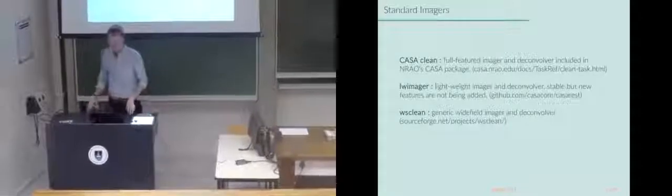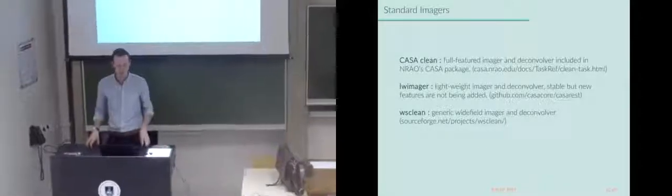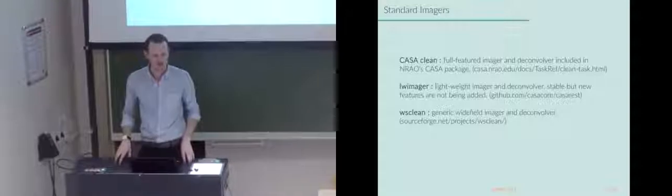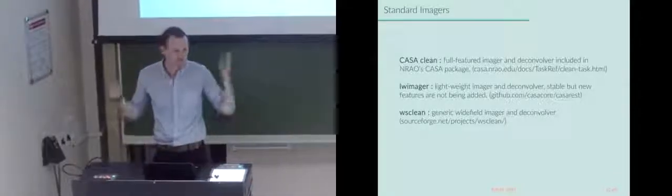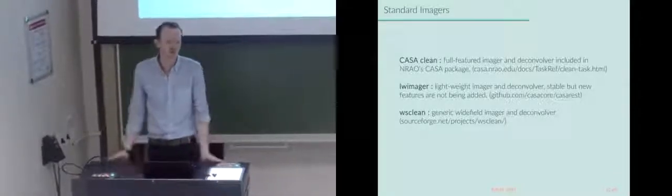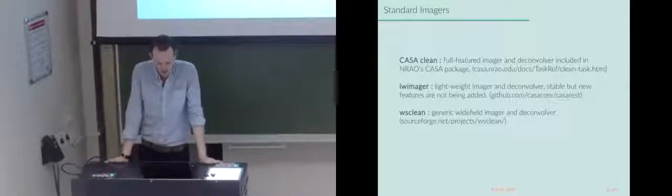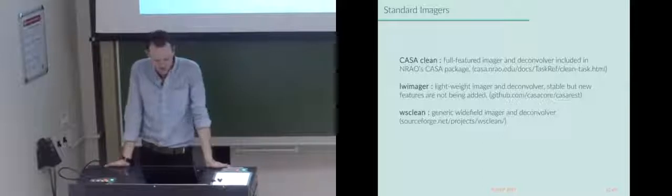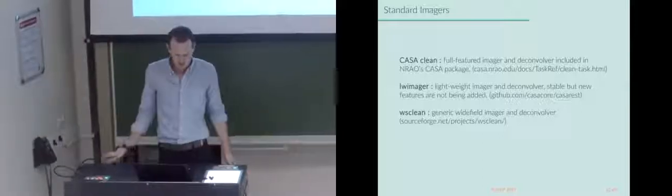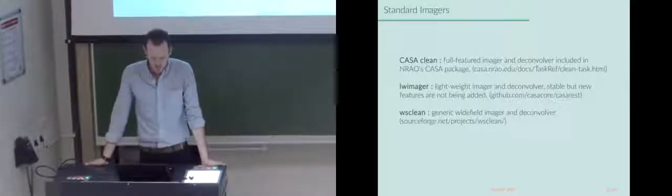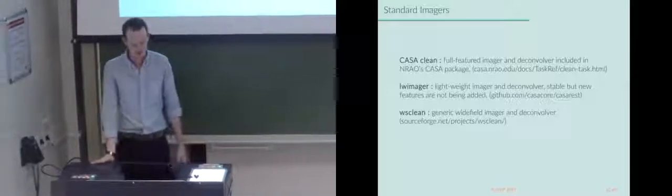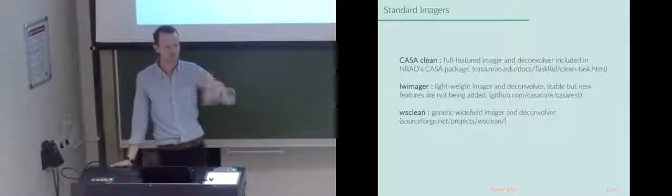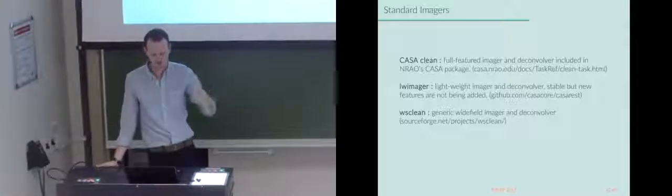So on Friday we'll do imaging with CASA, and the CASA imager is called clean. There's a bunch of options you can set for different methods and all sorts of parameters, what type of clean you want to do. There's 2 other standalone imagers, this LW imager, which is used less and less these days, but basically used to be part of the CASA imager, but now it's kind of separate.